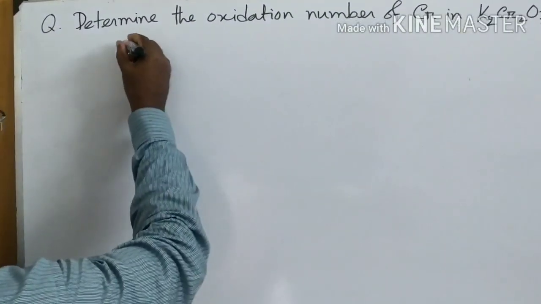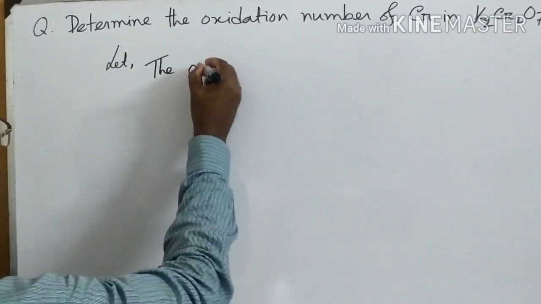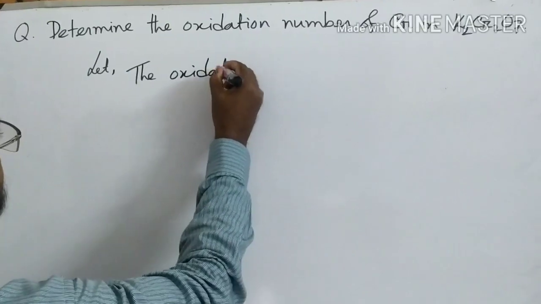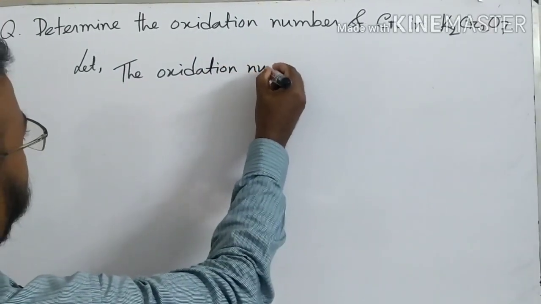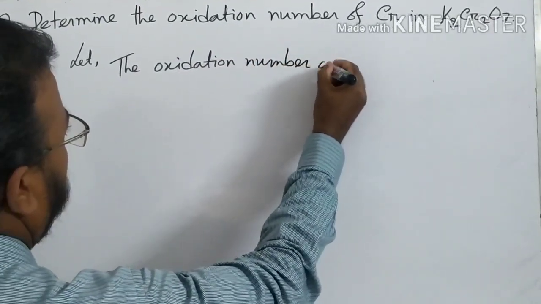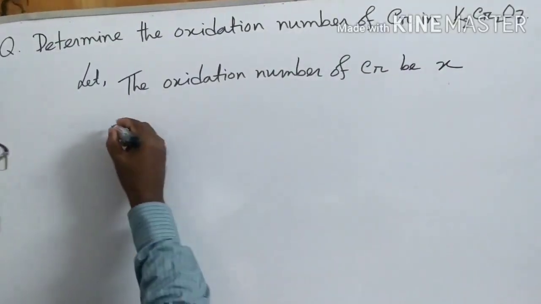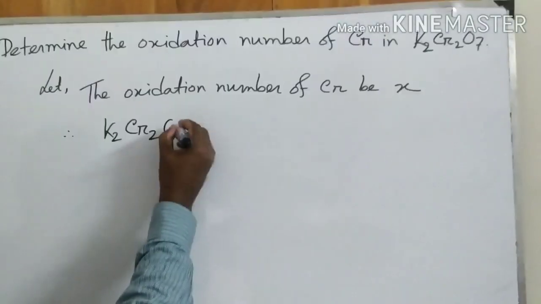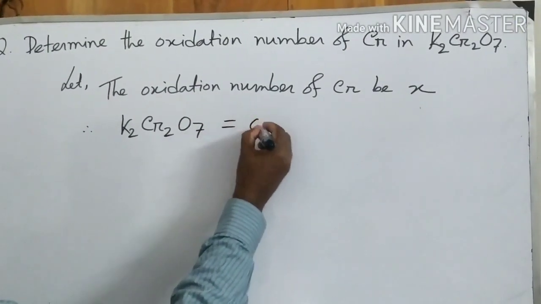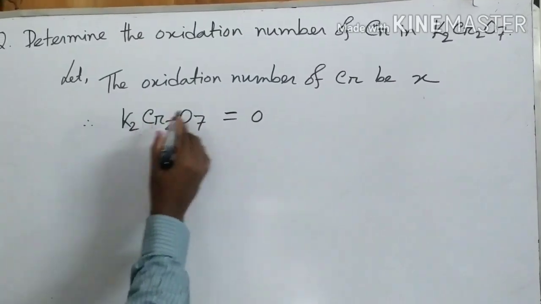Okay, now let the oxidation number of chromium be X. Therefore, we know that the total oxidation number of a compound is 0.